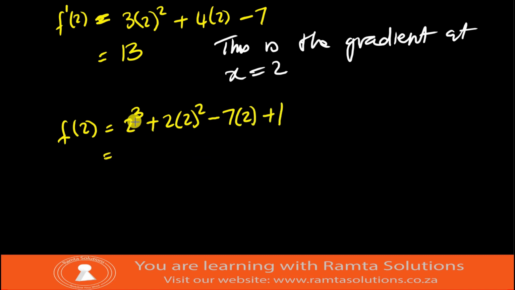What is this? This is 8 plus 8 is 16 plus 1, so it's 17 minus 14. The answer is 3. Therefore, our point is 2 and 3.